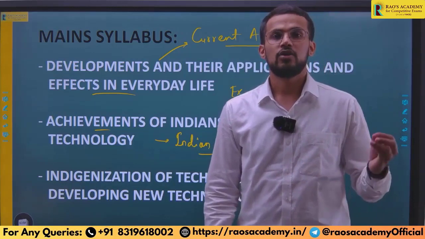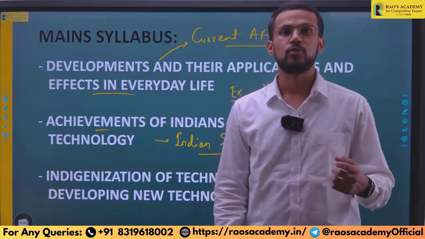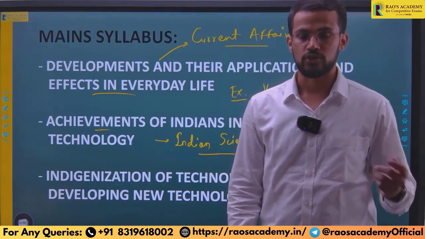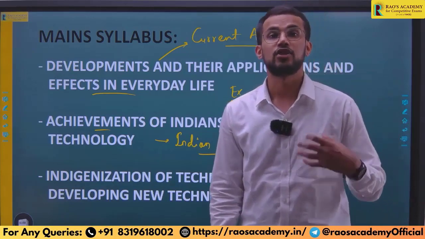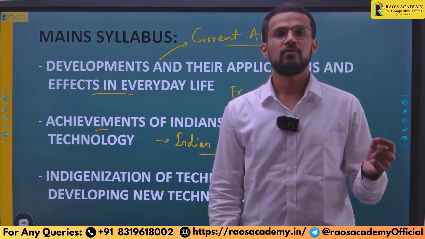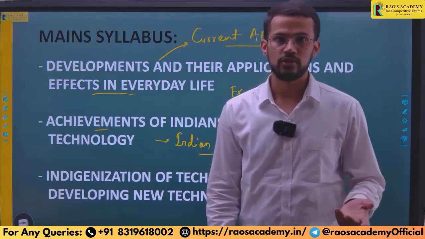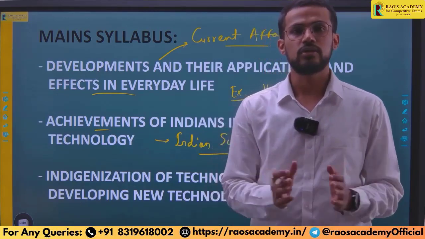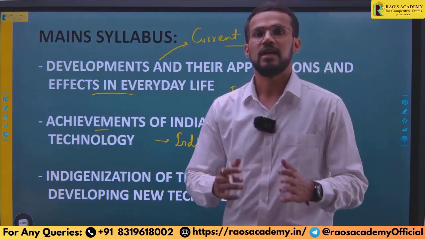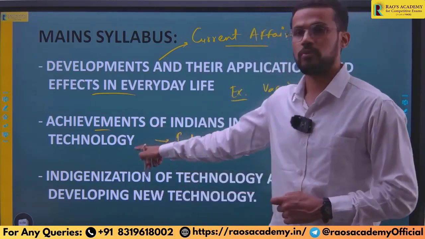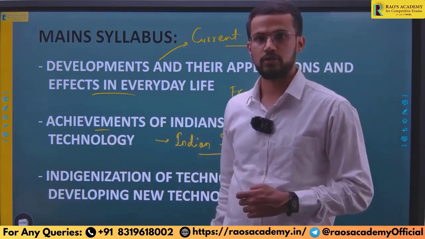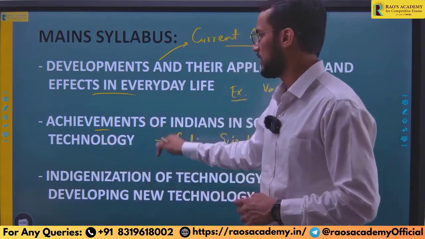For example, Dr. M.S. Swaminathan has contributed in biotechnology and plant genomics. Then we have Sir M. Visvesvaraya, who has contributed in the civil engineering sector. So all those important Indian scientists and their contributions are important from this perspective of the syllabus.